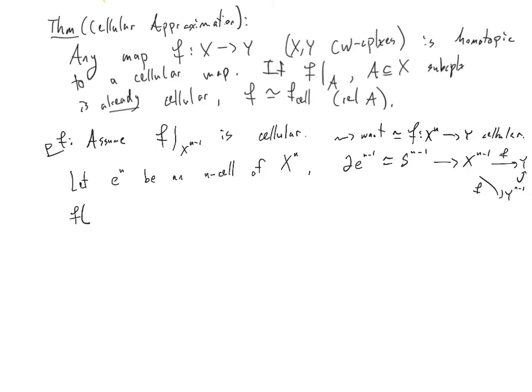So F of En, on the disk, where does it take the whole disk? This is a compact set in Y. Since it's a compact set, it intersects only finitely many cells.